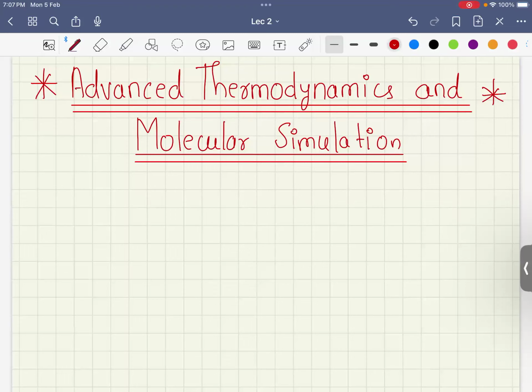I learned some basic thermodynamics up to 12th class, but I have no idea about advanced thermodynamics, though I can understand some terms. What you actually require in medicinal chemistry will come maybe from the third week onwards, when the professor starts teaching molecular dynamics and ensembles. So this is just an introduction.